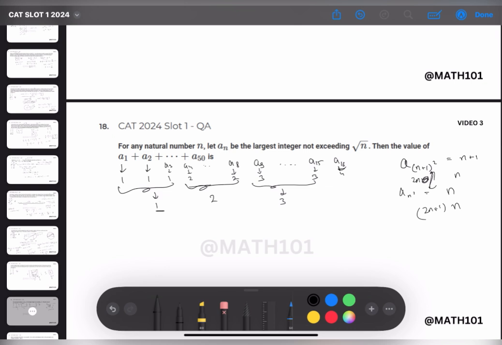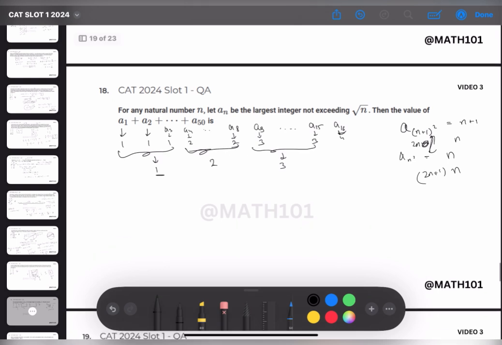For n equals 2, 5 numbers which are valued at 2, and so on. So we have 3 into 1 plus 5 into 2 plus 7 into 3 plus 9 into 4 plus 11 into 5. So till a49 we'll have this, plus 13 into 6 plus 15 into 7.